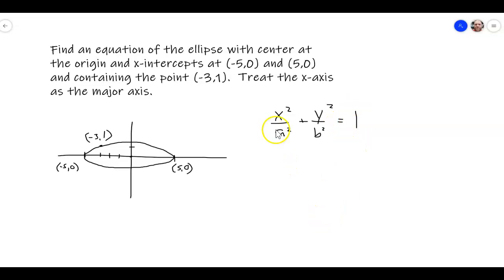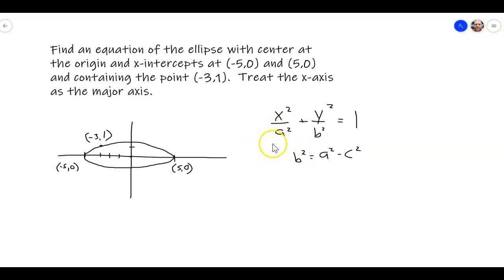And we also know that b squared is equal to a squared minus c squared. And this will help us get the c if we know the a and b, or we can solve really for any of those. Now let's talk about what the a, b, and the c are.